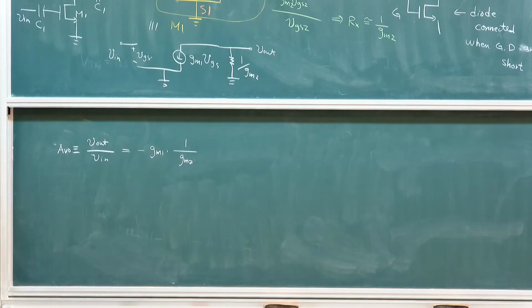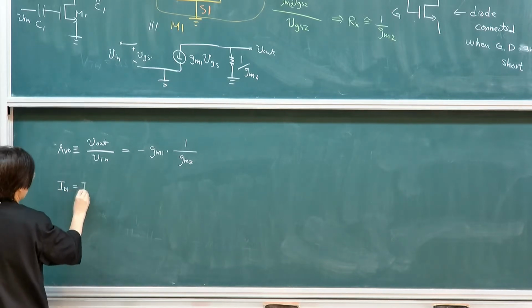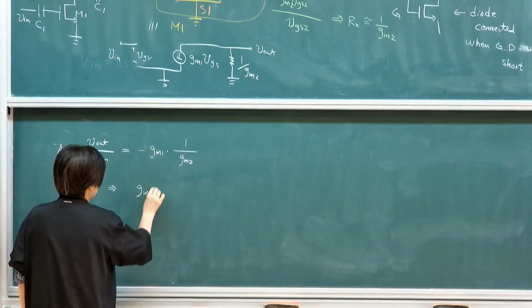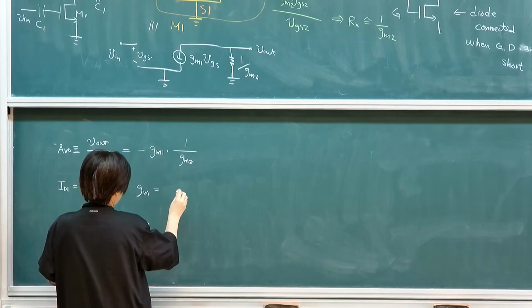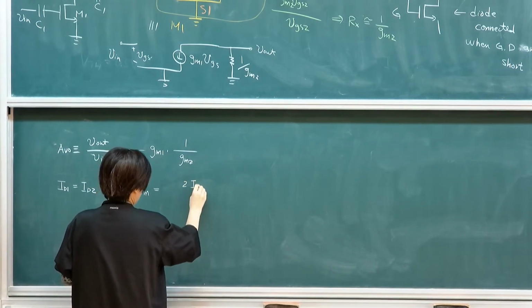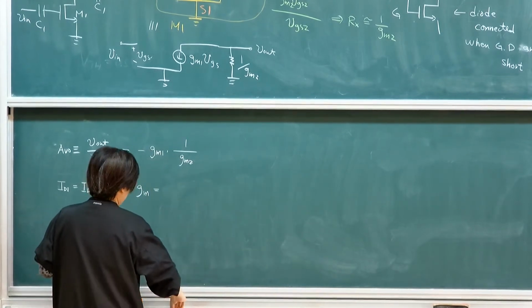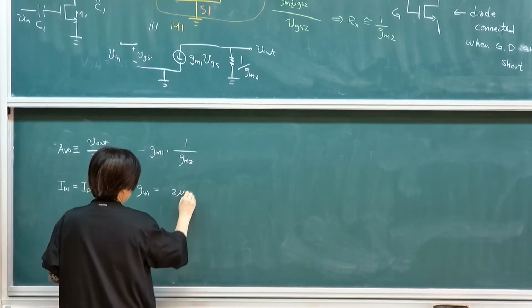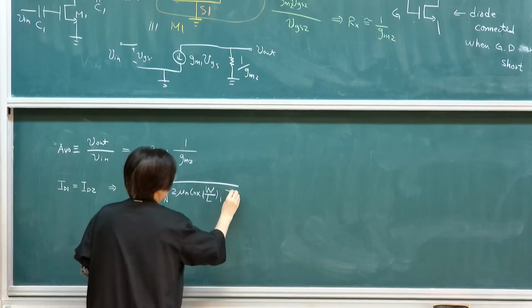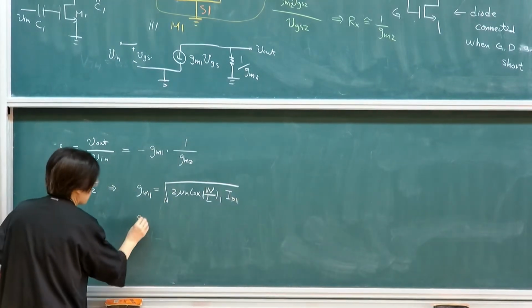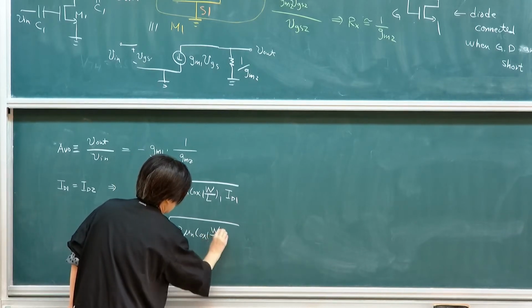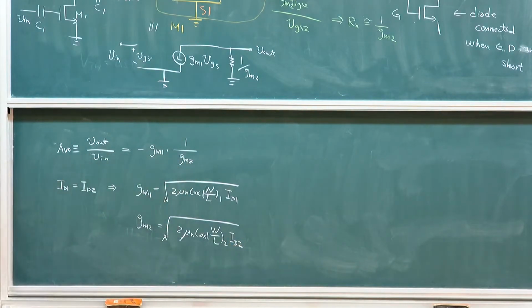And if I already know that the current ID1 equals ID2, because there's only one current branch, that is to say, if I want to write my gm, if my IDs are constant, let's write down the gm equation if your current is constant. gm2, and we know that ID1 equals ID2.